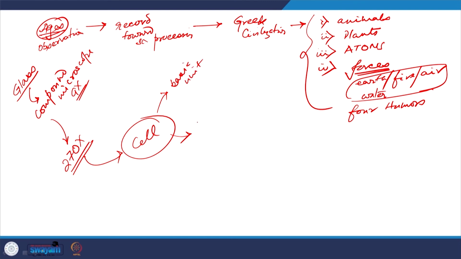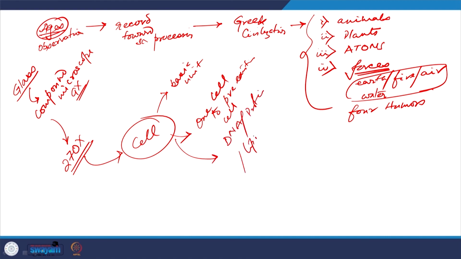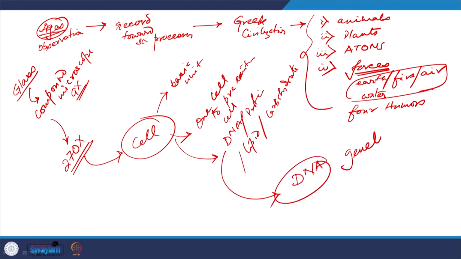This could generate from one cell to a pre-existing cell, and other molecules like DNA, protein, lipid, carbohydrate, they stay inside the cell. Also DNA is marked as the genetic material.